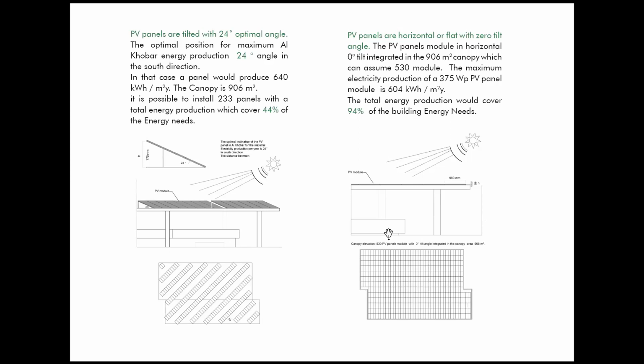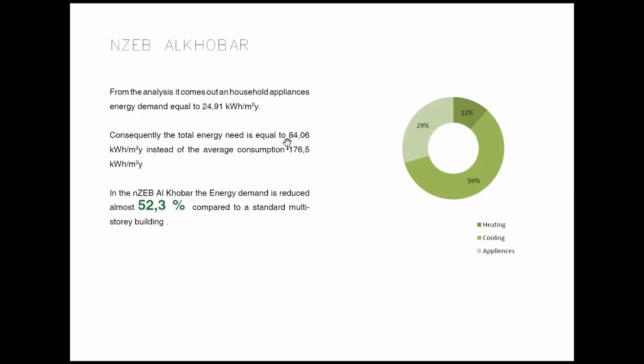Even if the best position would be a 20 degrees angle, there would not be enough space to use enough PV panels. Using it like that, I could cover 94% of my building energy needs.